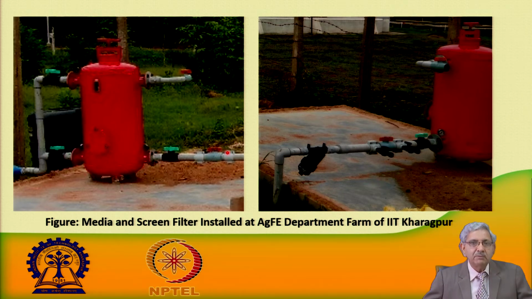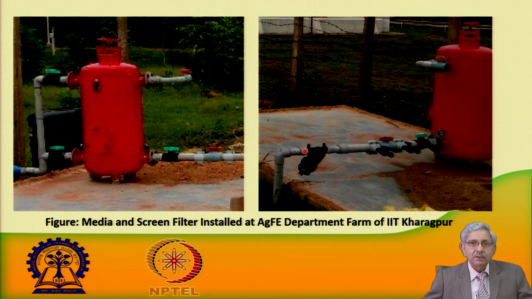It is connected with the main pipeline. Now, when we find that the head loss in the filter is more than the prescribed limit, that is 20 kilopascal, then water is supplied from this end and this valve is closed. This valve is opened and then water will come out from this and backwashing is done.